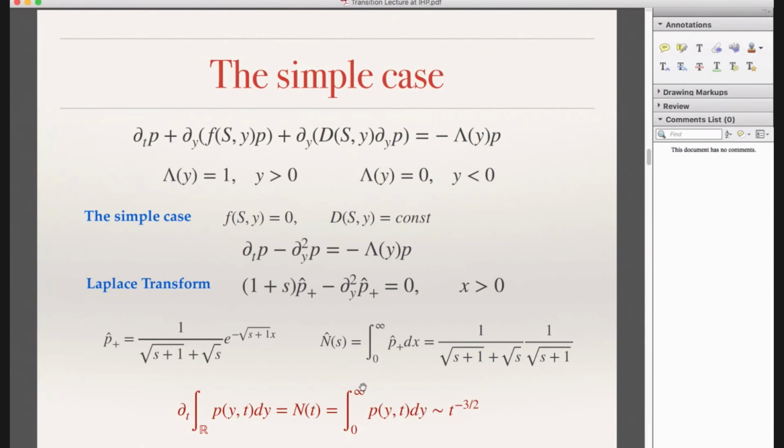With this in mind, the other calculations are easy. We just need to do a Laplace transform for this simple equation, using the fact that lambda is a piecewise function, while the initial condition is the delta function for P.